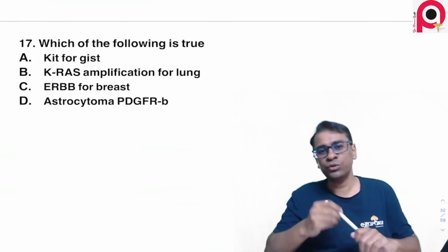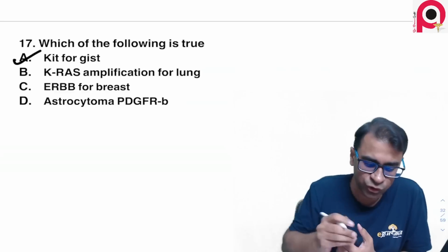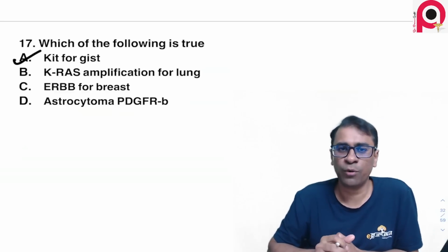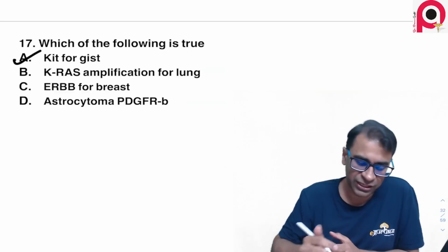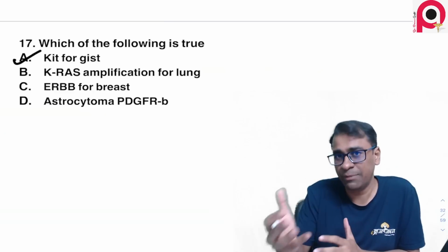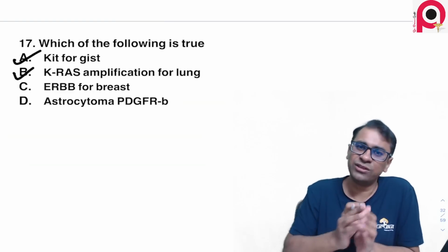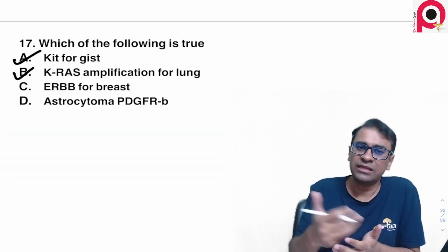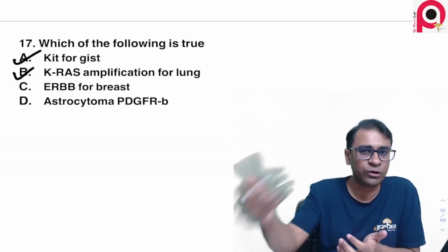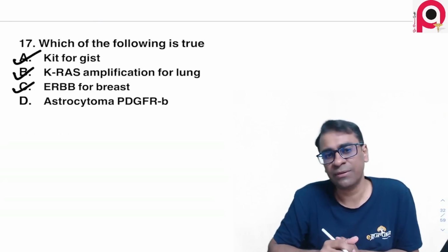The following is true. Some students have recalled this as a separate question altogether. KIT is surely right, there's no doubt about it. KRAS amplification, yes, KRAS can be seen in lung carcinoma also, so if there are multiple options, this also looks true. ERBB for breast: ERBB2 is also called EGFR2, which is nothing but the HER2 neu receptor. That also looks true.